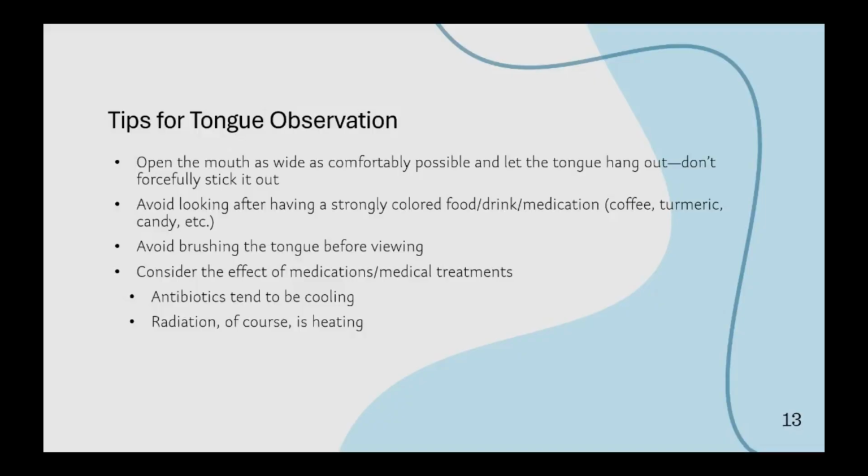They tend to be cooling. They might give someone a thick white coating on the tongue. Radiation, of course, is heating, and may cause someone's tongue to be redder and drier than it would have normally been. So you want to take into account a person's health history and medications they're on, and that can help to inform what you're seeing on the tongue.